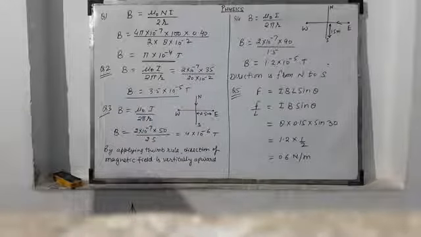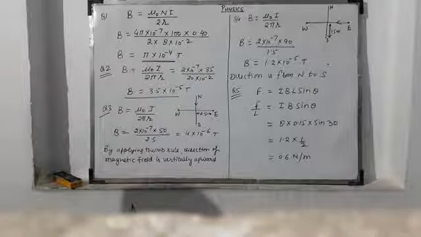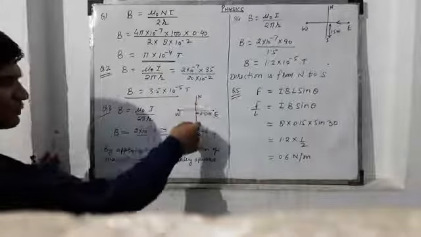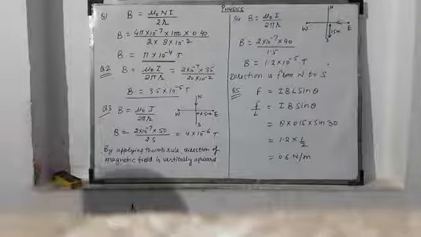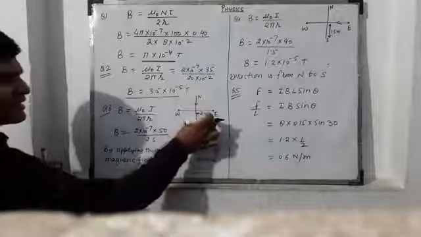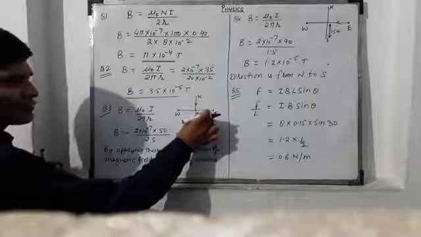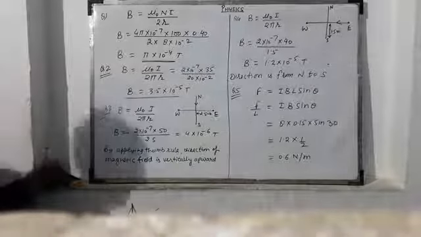In question number 3, the formula is the same. The question asks about the magnetic field when the current is flowing from north to south direction horizontally, at a distance of 2.5 meter towards east.